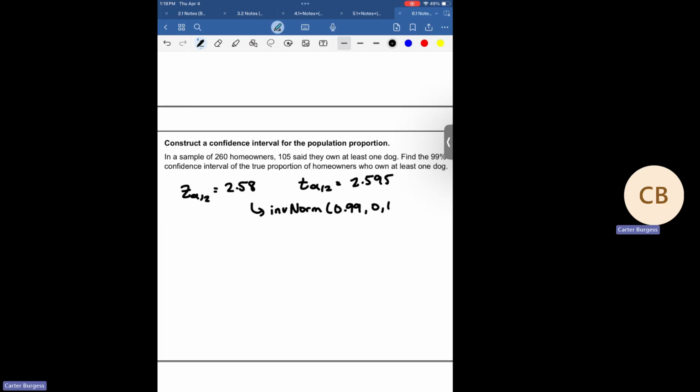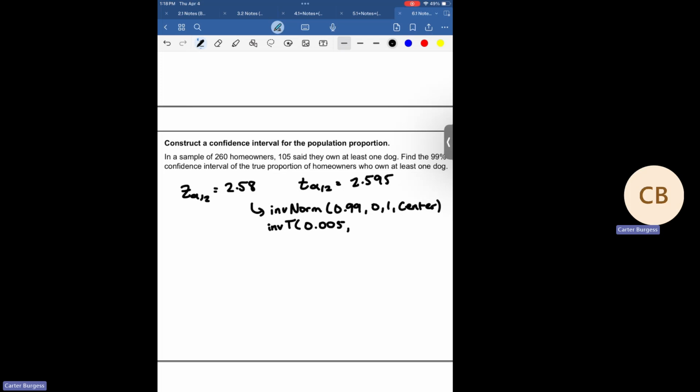For the T, you do inverse T. What would the area be? Oh, you have to put it in a different way. I did it wrong. You have to take that 99%, we have 1% on the outside, split it in half, so 0.005.